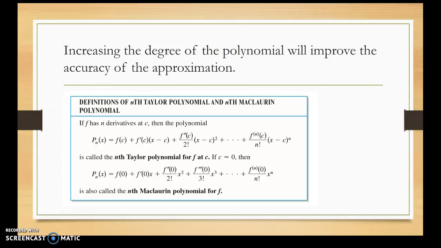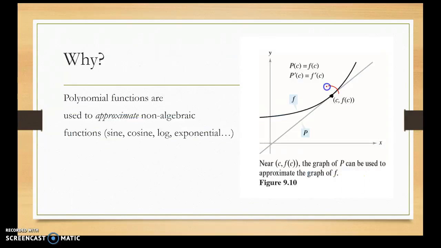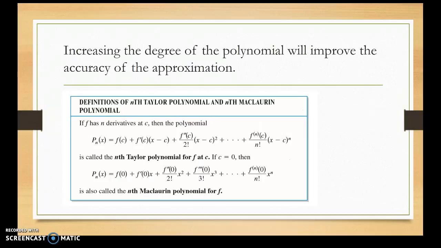All right, so copy these down, have these in your notes to reference. Definitions of your Taylor and Maclaurin polynomials. If a function has n derivatives at a center, centered around some value, wherever that point is that we're using the polynomial to approximate the function, then this nth degree polynomial is the nth Taylor polynomial for f at some point c.